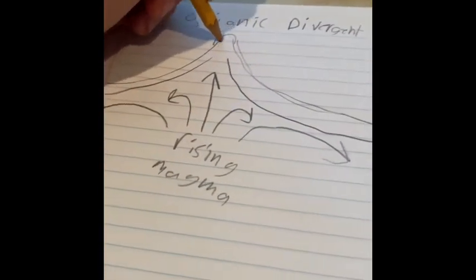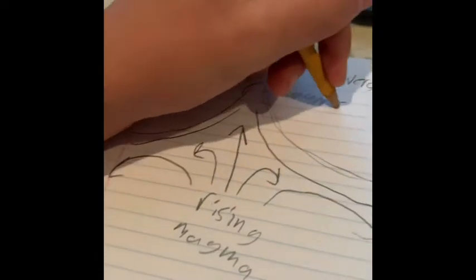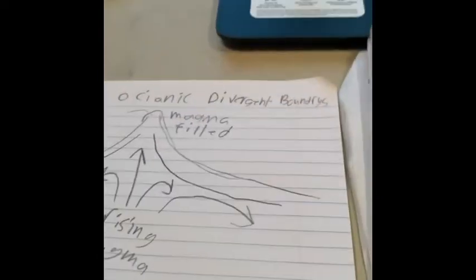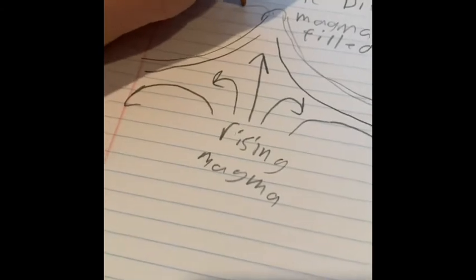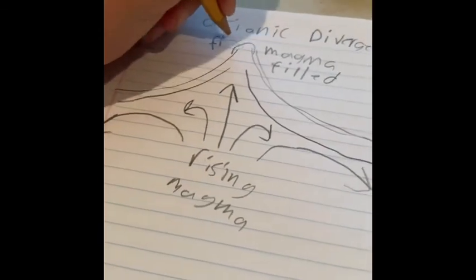It fills the crack and comes out here. And then it comes out and creates a new seafloor. And then right here is the fissure where it comes out. And then right here is the lithosphere.